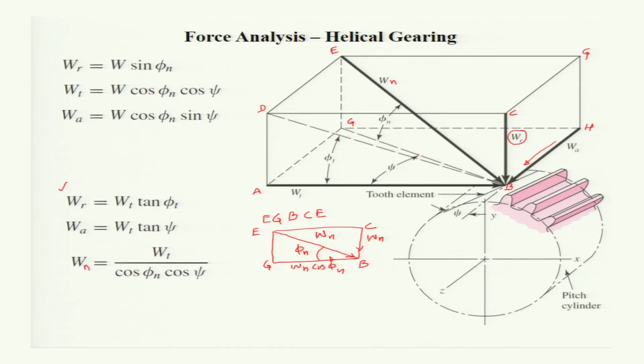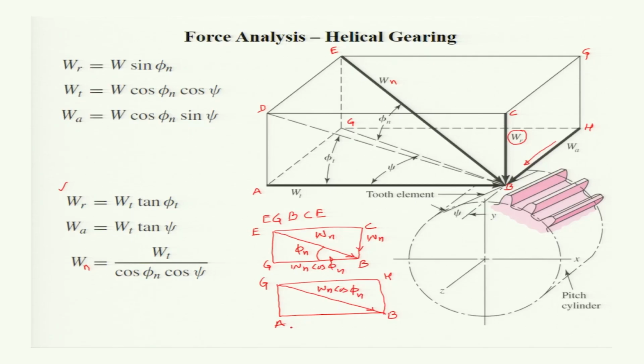This Wn cos phi n is acting along G to B. So, now if the plane ABHG is taken, AB and HG, we have a force along GB, and the magnitude of that force is Wn cos phi n.